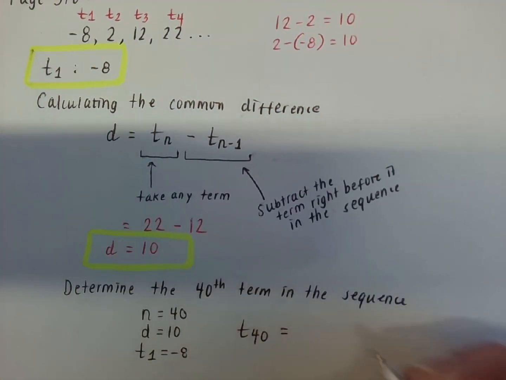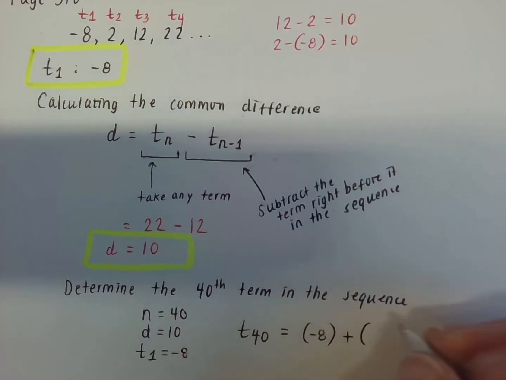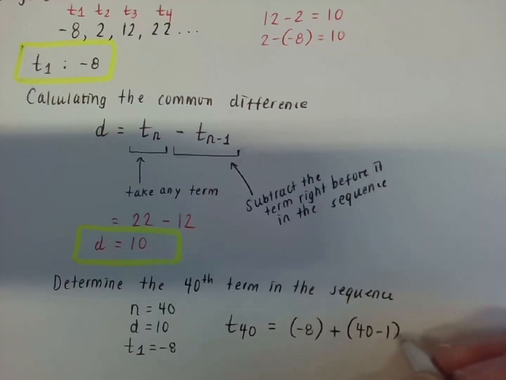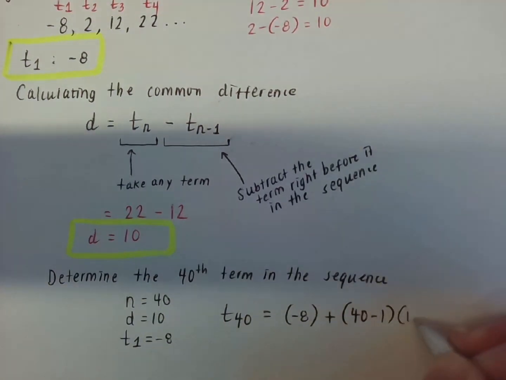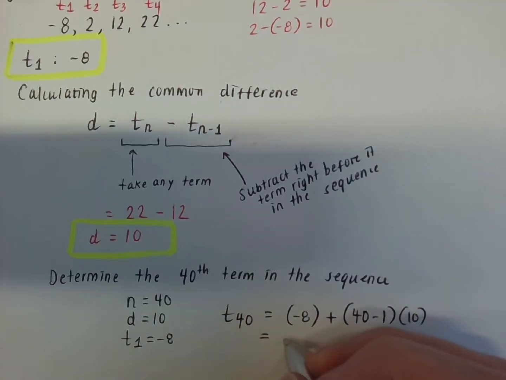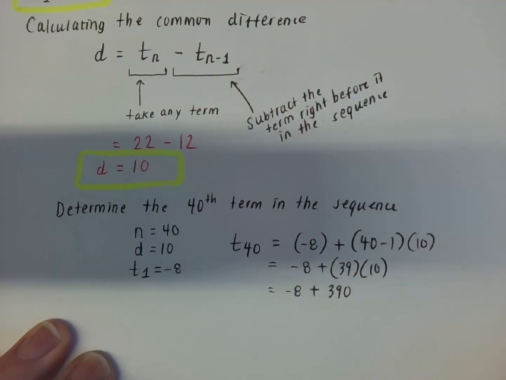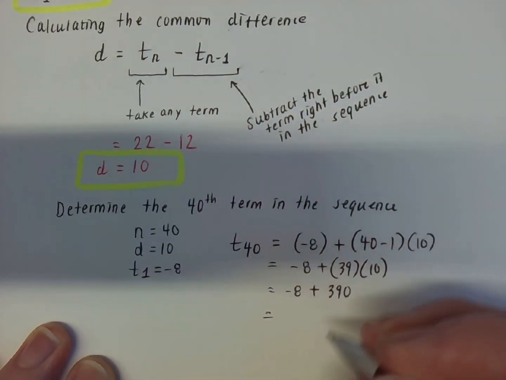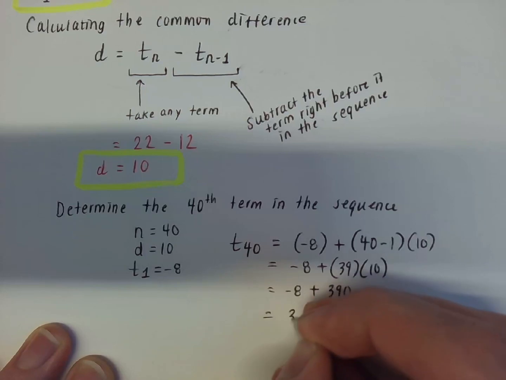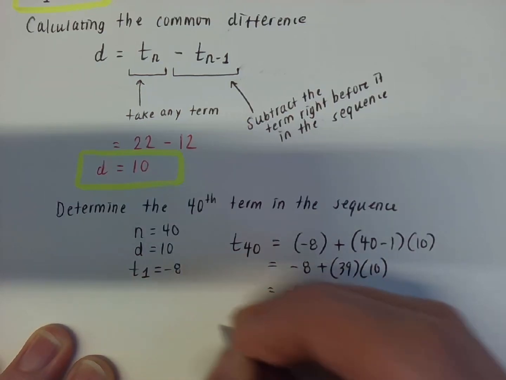T40 equals -8 plus 40 minus 1 times d, which is 10. And you could figure that out. -8 plus 39 times 10, negative 8 plus 390, 382.